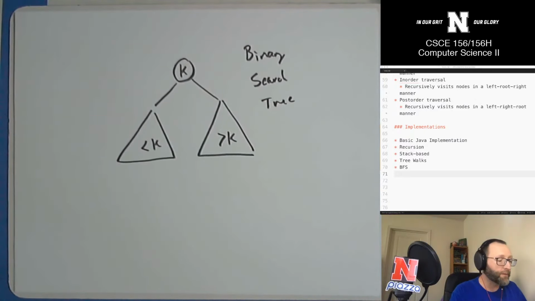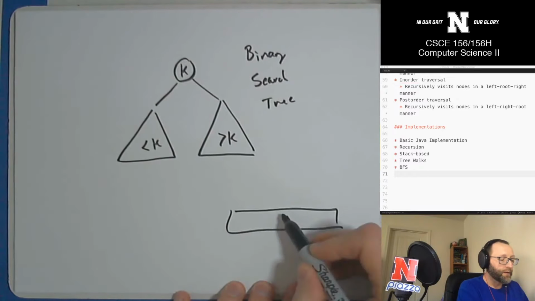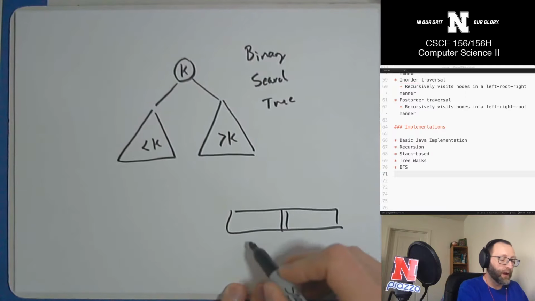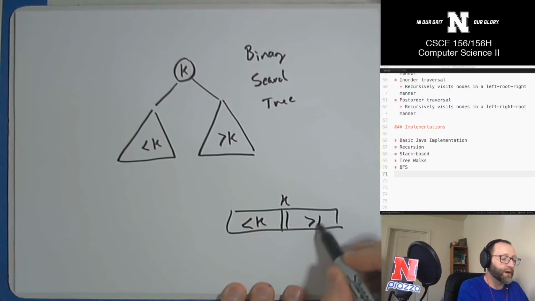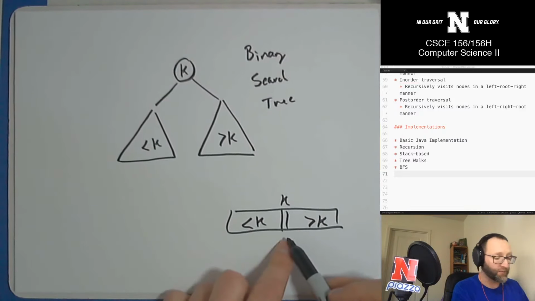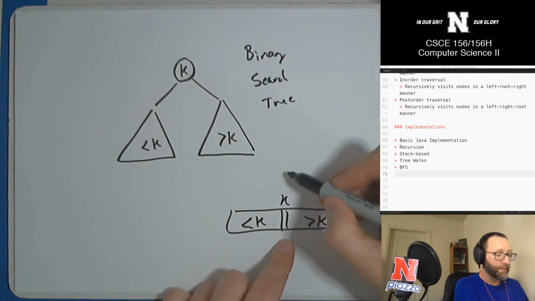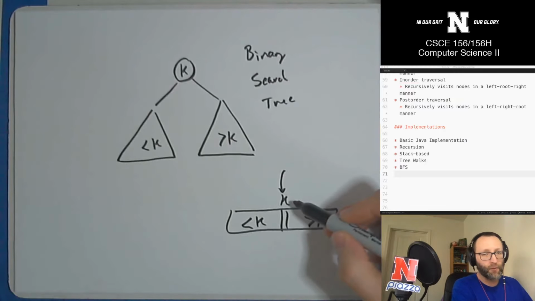This should sound familiar. This should sound very much like binary search. That if you look at the middle element here, and this is k, everything over here is less than k, everything over here is greater than k because it's sorted. Binary search allows you to exploit this using random access, because you can jump in here to the middle element and say, oh, that's the thing I'm looking for, I got lucky, we're done.